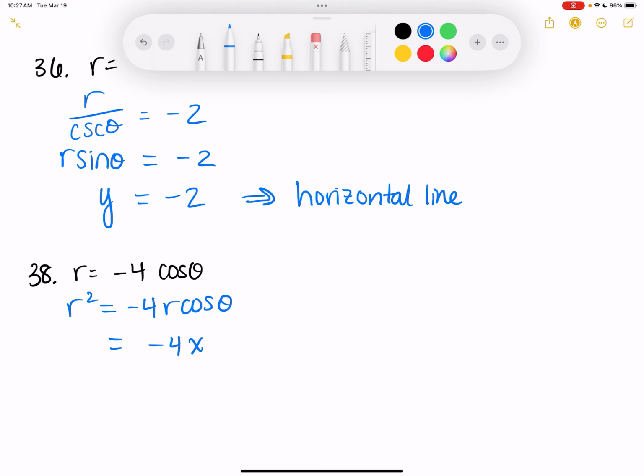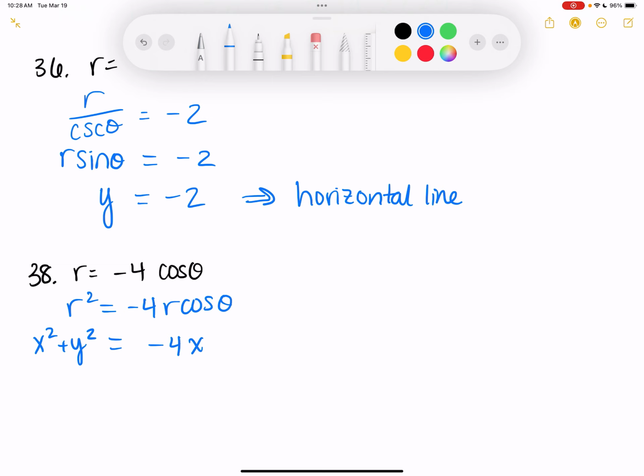How can I rewrite r squared? X squared plus y squared. So now I'm in with something that I do know, right? So I am going to move, let me think about this.